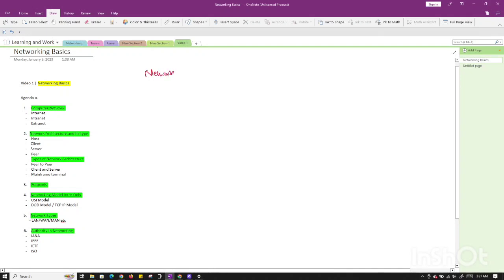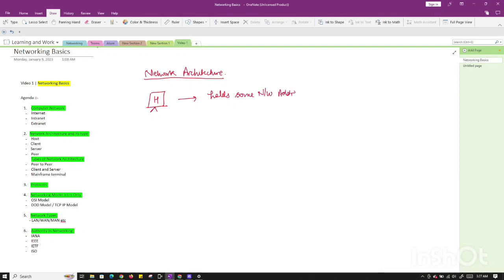Network architecture. A host can be any device which holds some network address. A host can be a client, server, or peer. If we are calling a host a client, that means its work is to request the data.